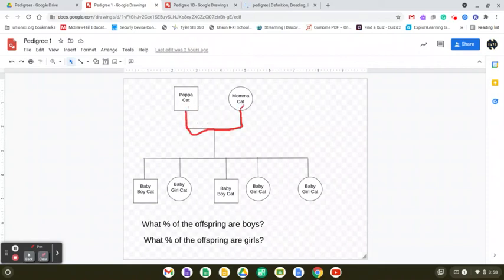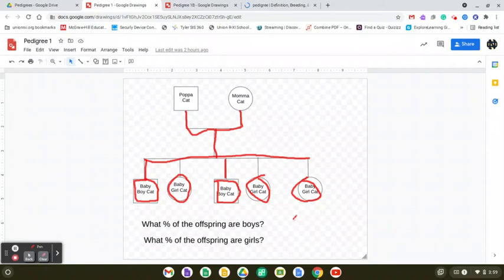They're connected, and this branch coming down off of them is going to be all of their offspring. From here I could draw more, but for right now we're just going to deal with this one immediate generation. From mama and daddy cat, you end up with a baby boy cat here, another baby boy cat here, and then three girl cats.